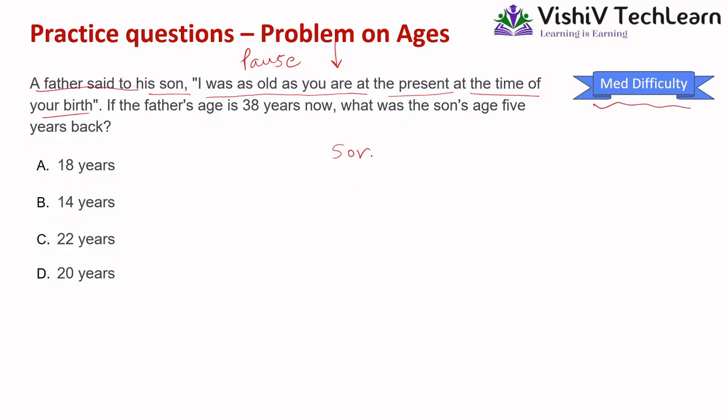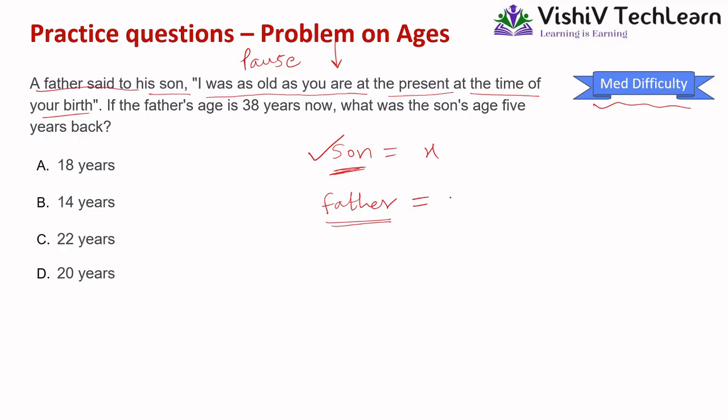Maybe if the present age of the son is, let's say, x, then when this son was born, it would be before x years. The father was having the age which the son is having right now. Presently the son is x years old, and when this son was born, that is x years ago, the father was age x.